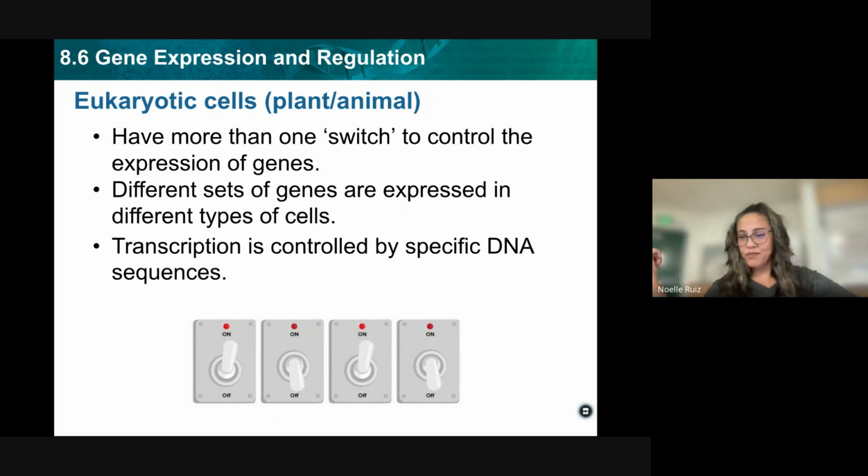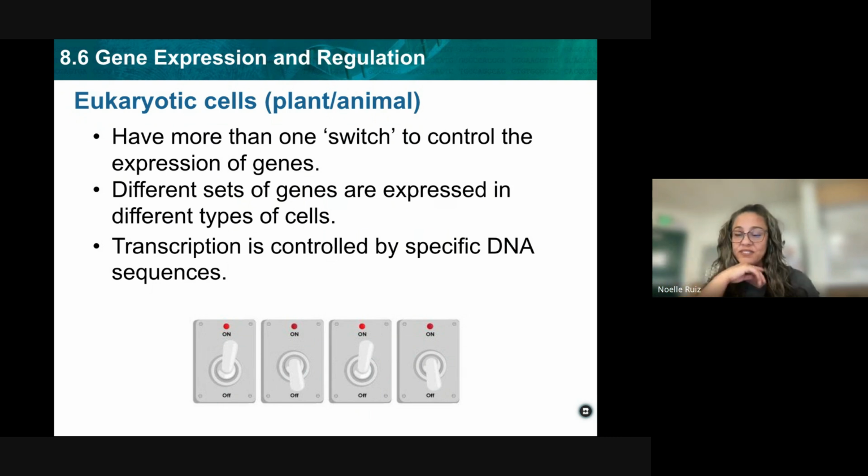So just like in my room, I have 4 light switches. I can turn on the front lights, the middle lights, the right lights, the left lights. And depending on how much light I want in my room, I only turn those switches. That's what our DNA is like.